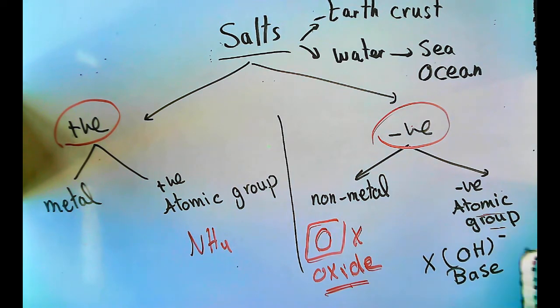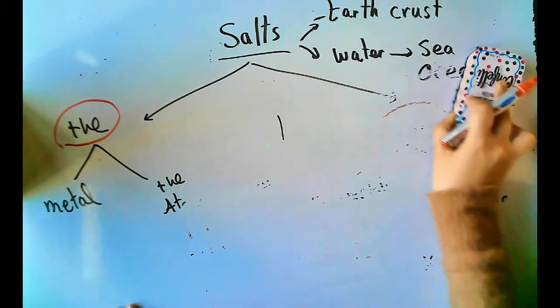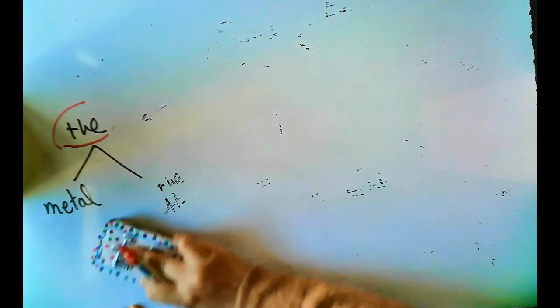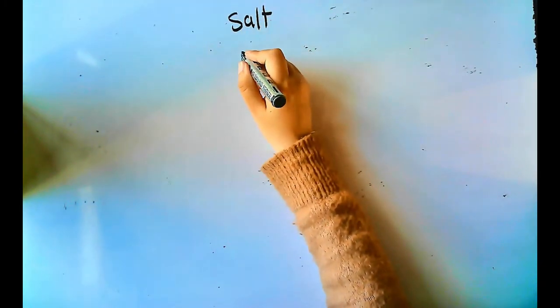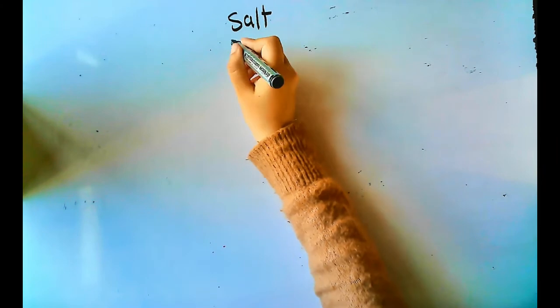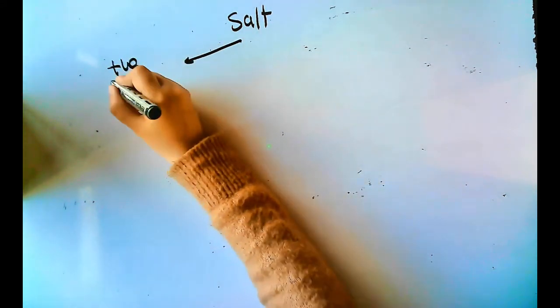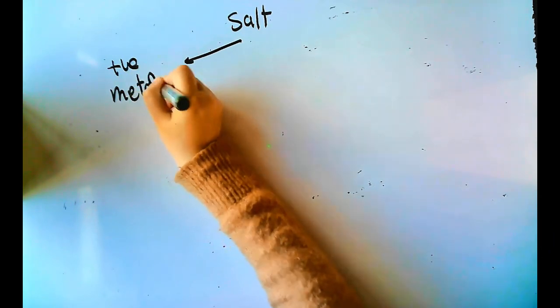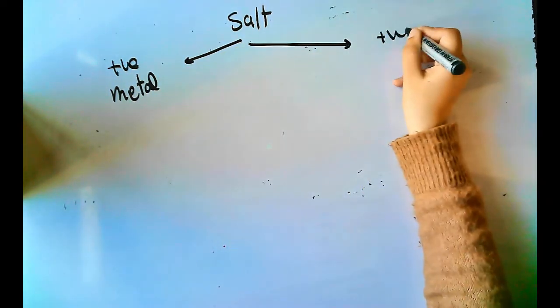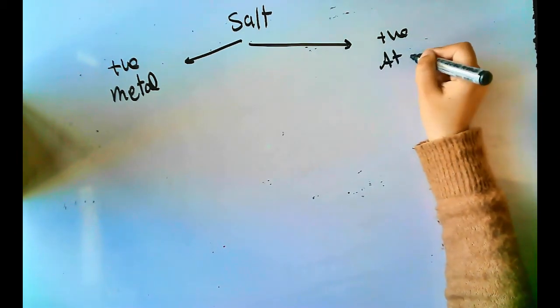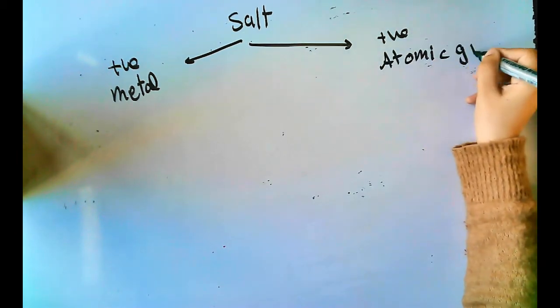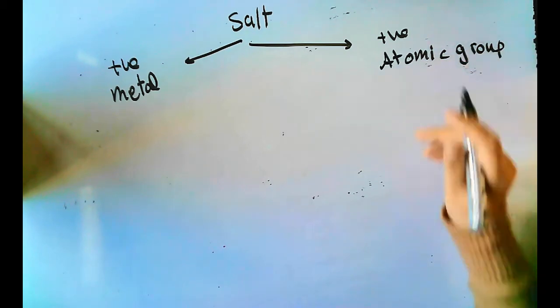Let's take some examples. Salts. This salt, as I said, may contain a positive metal ion or a positive atomic group, which is ammonium.